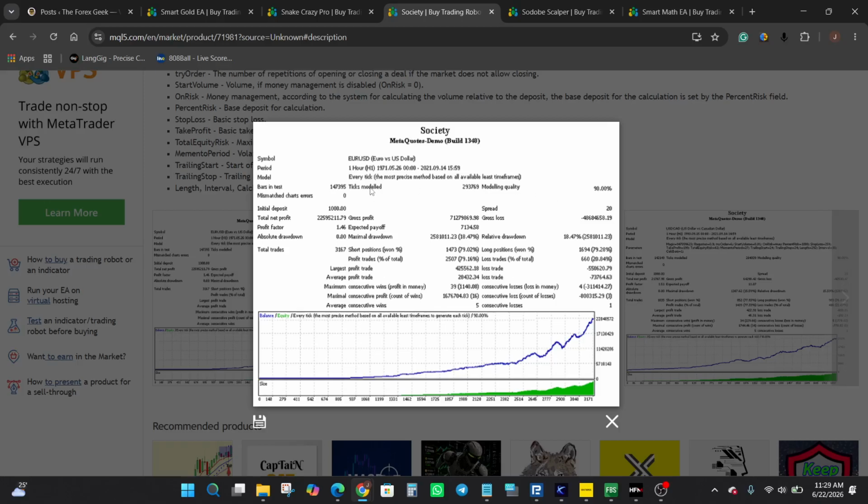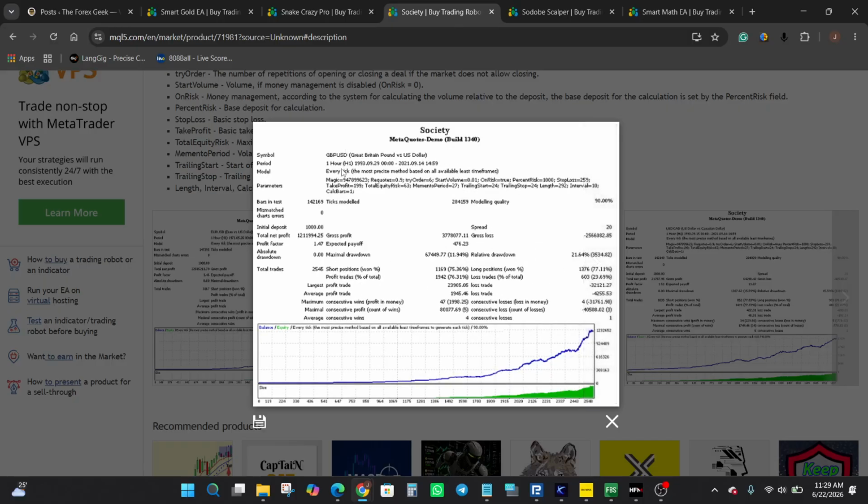From the report we have here, symbol is Euro USD, 1 hour time frame, every tick model, initial deposits $1,000, total net profit over $22.5 million, total trades taken 3,167, out of which 2,507 were profitable, giving us a 79.16% win rate.